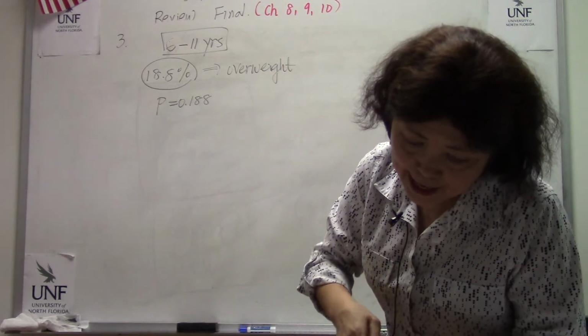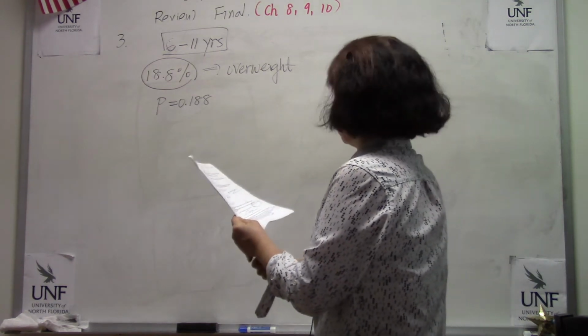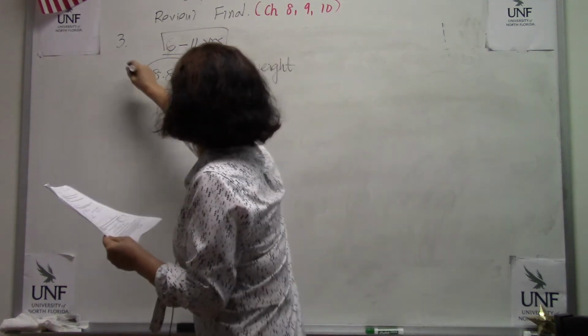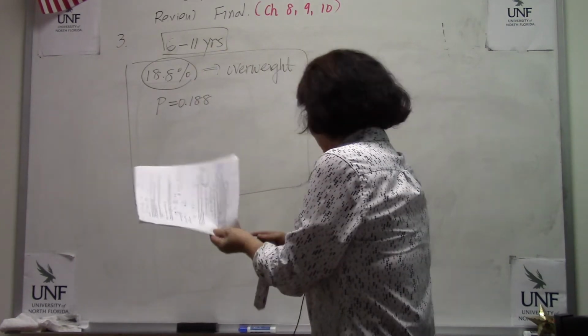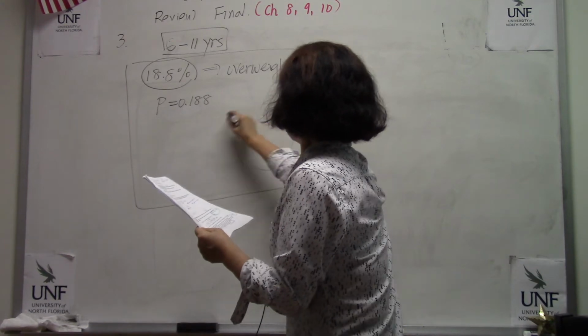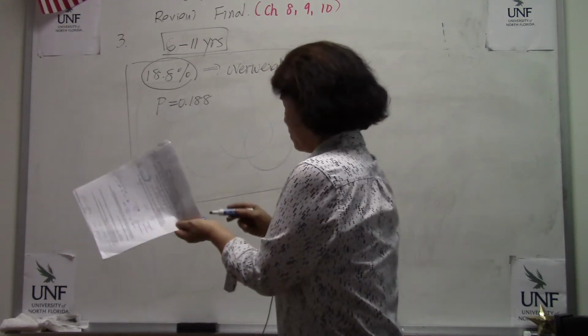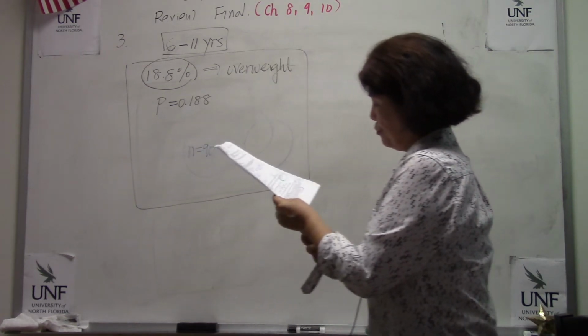Now we are going to take a sample of 90 school-aged children from this big population. You can make many samples of 90 children.